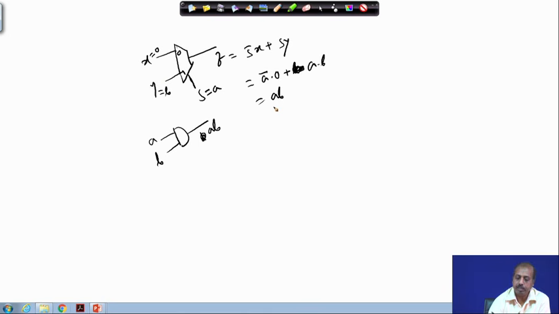So, you are getting A B. This way I can realize an AND gate using this 2:1 multiplexer.